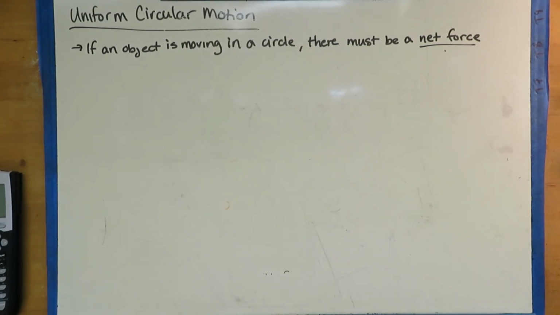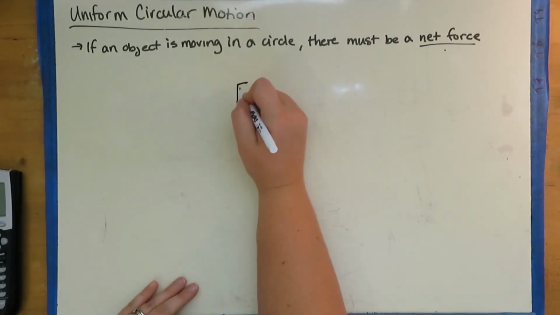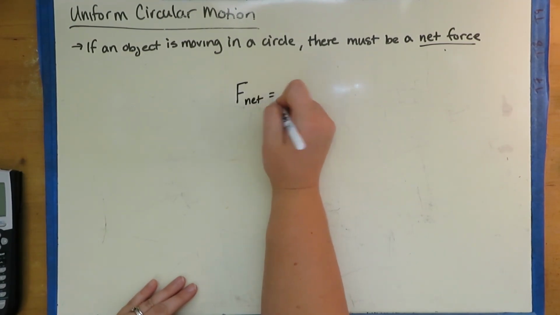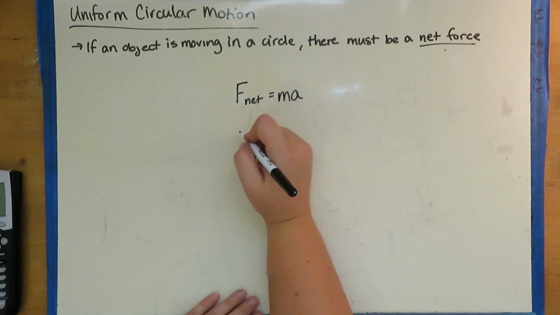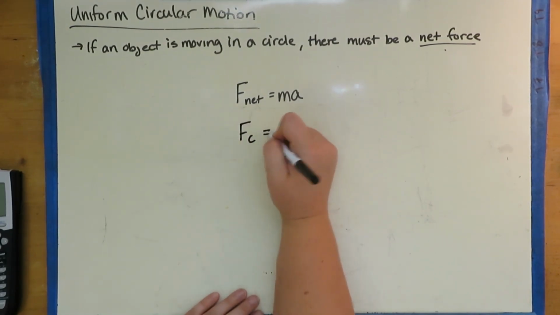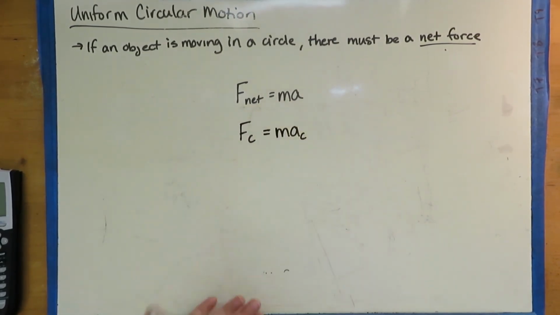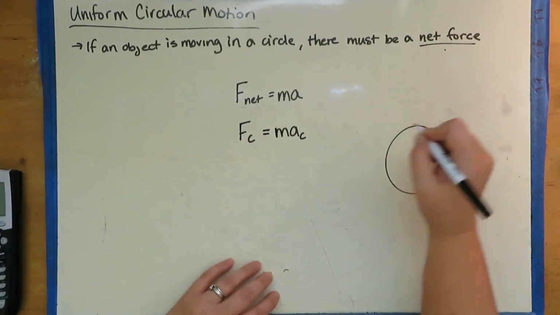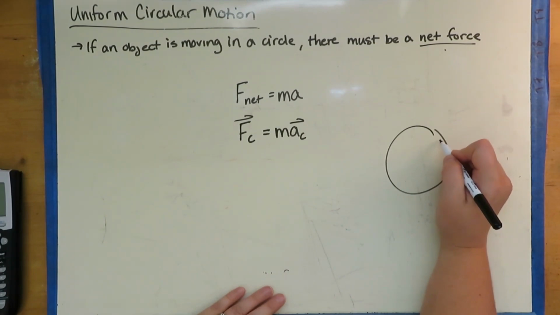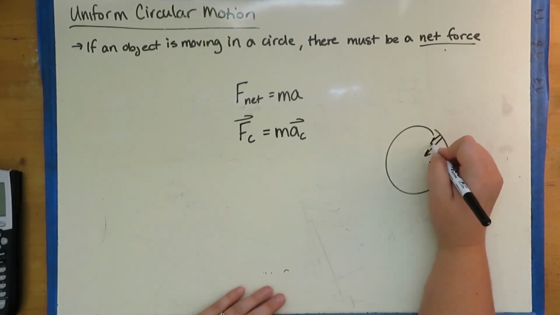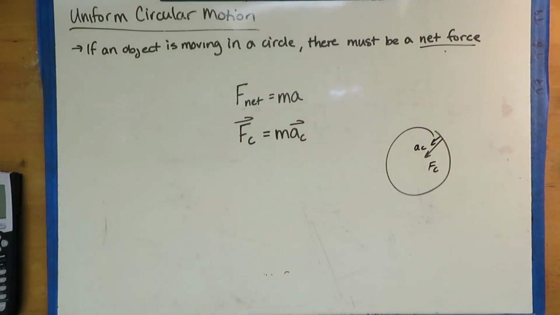So our centripetal force, because it is a net force, would be mass times acceleration. But in this case, if I have a centripetal force, that means that my acceleration must also be centripetal, because my force and my acceleration are vectors, mass is a scalar. So if I have a centripetal force, then my acceleration must be in the same direction.